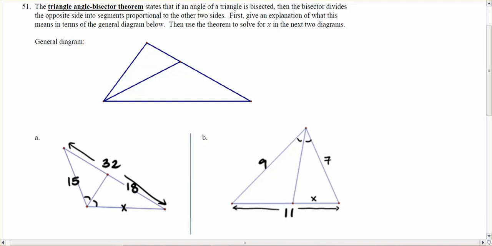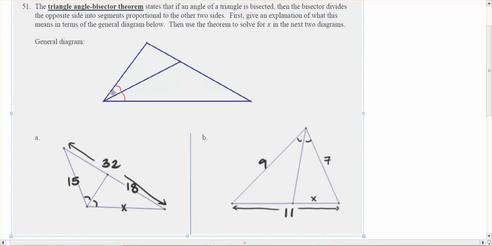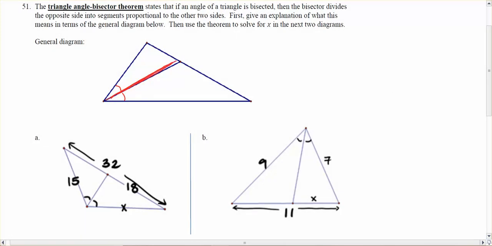It states that if you have an angle of a triangle that's bisected, so cut in half, and in this case we'll make it this angle down here, because that's the one that looks bisected, then the bisector, this thing right here, divides the opposite side into two segments that are proportional to the other two sides of the triangle, this one and this one.